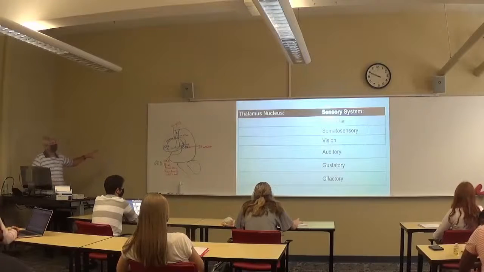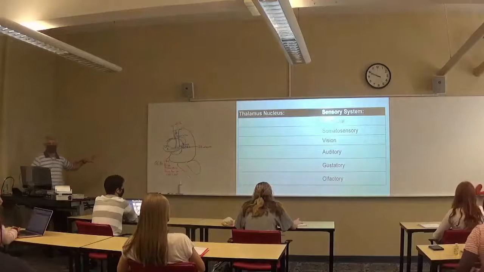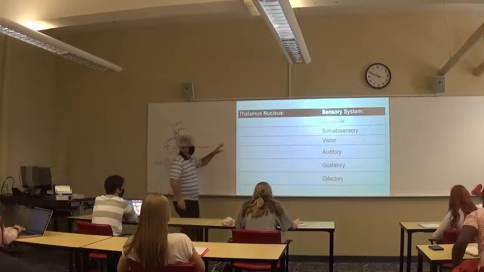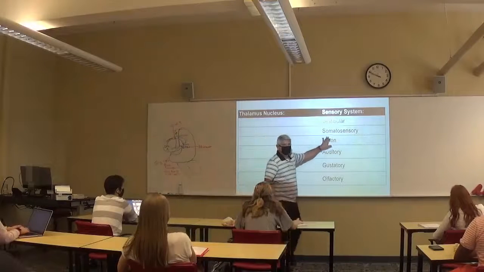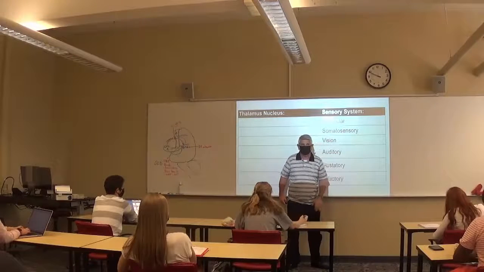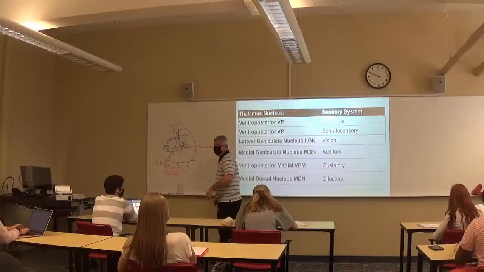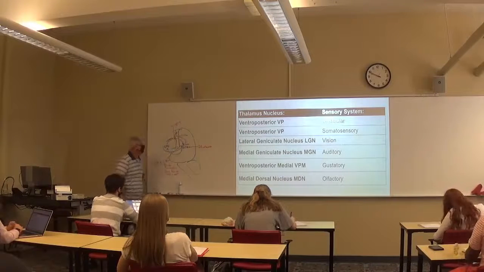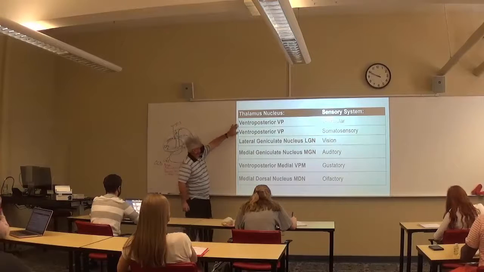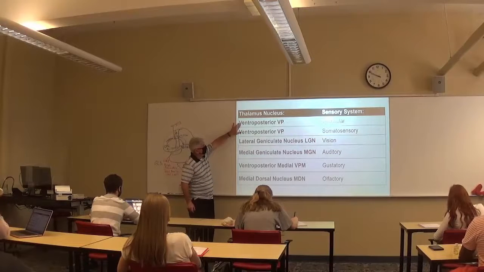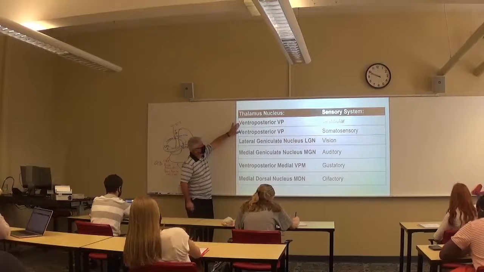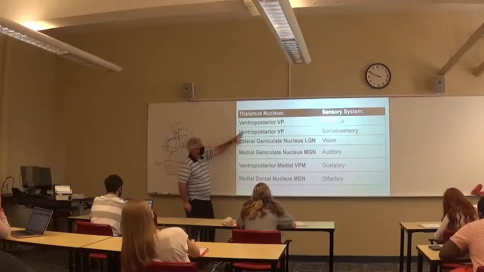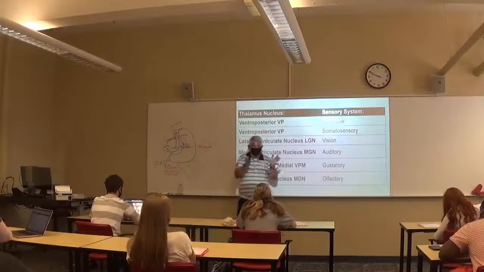All sensory systems go through the thalamus, right? So you should know what part of the thalamus belongs to each sensory system. That information is charted here. The VP is both vestibular and somatosensory, because remember, vestibular kind of doesn't have a primary cortex.